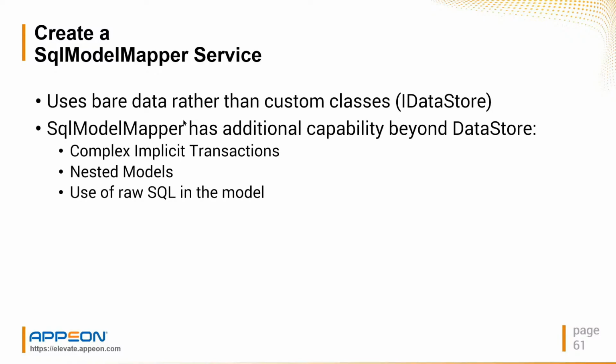It can do nested models. The issue with the DataWindow is that it's a flat array. And so if you've got more complex data than that you want to use in your service, you probably want to look at the SQLModelMapper, because the DataStore all it does is flat arrays. And you also can use raw SQL in the model. So you can extend the service to do all kinds of different select statements.